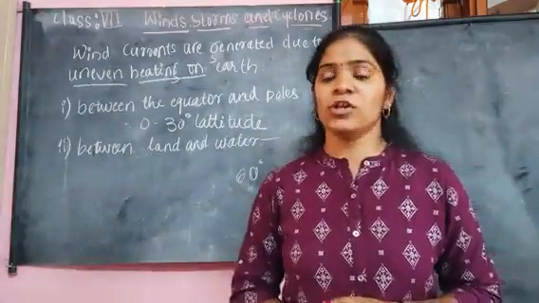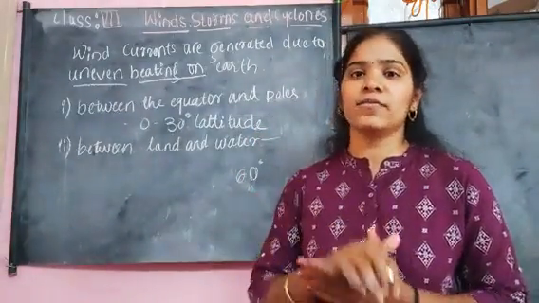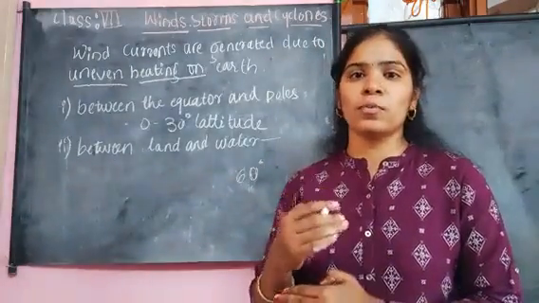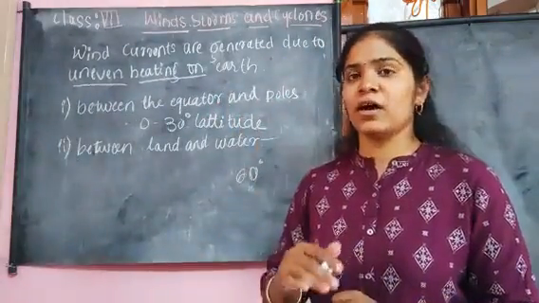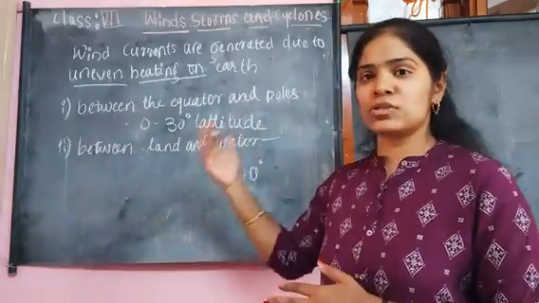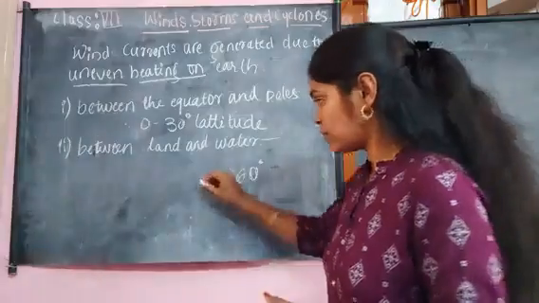towards the 60-degree latitudes. So in this type, the colder air and warmer air will start to move from the poles to the equator, and we may say that they move from north to south or south to north. Okay.